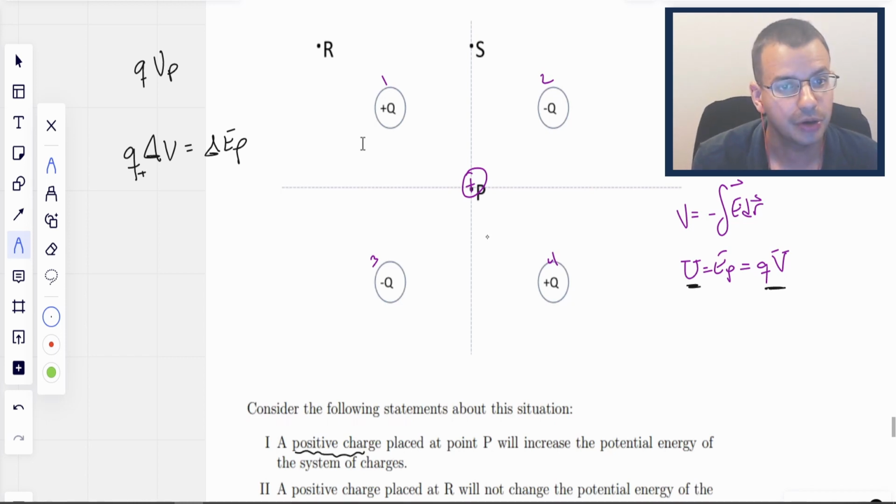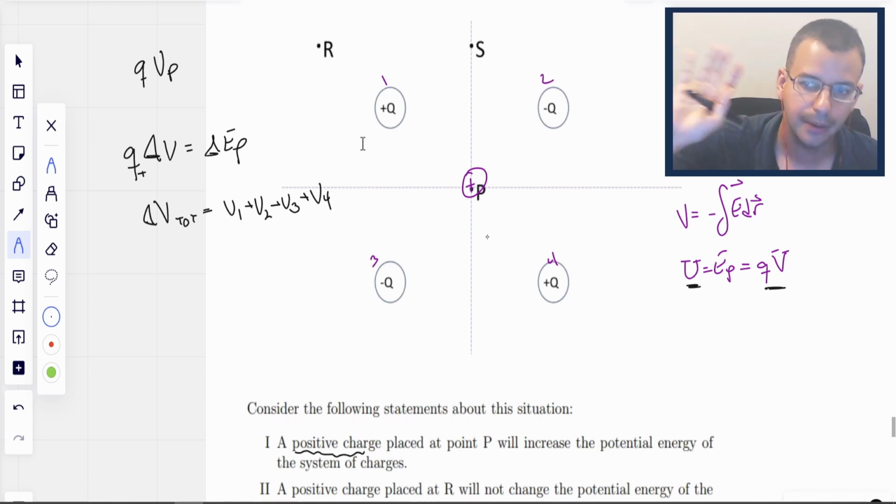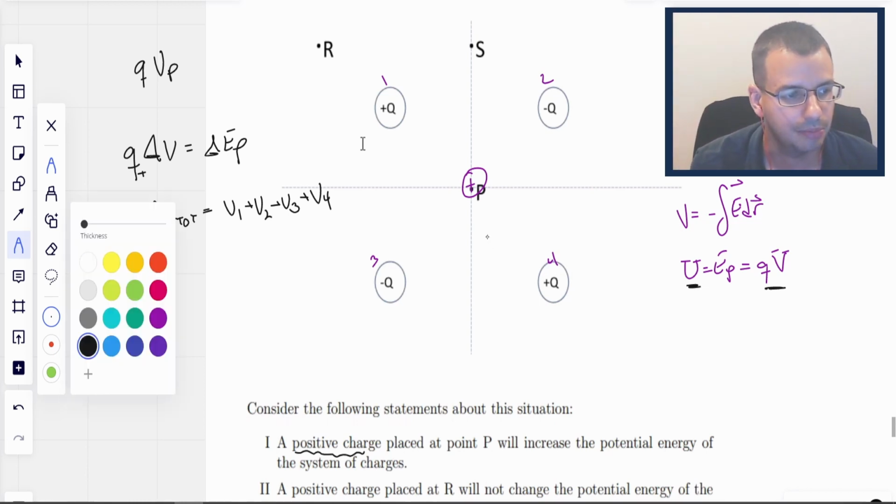Right, so now the question is, this delta V total is going to be V1 plus V2 plus V3 plus V4. Again, these are all really deltas because they're compared to infinity, but you get the idea, so I'm not going to belabor the point.